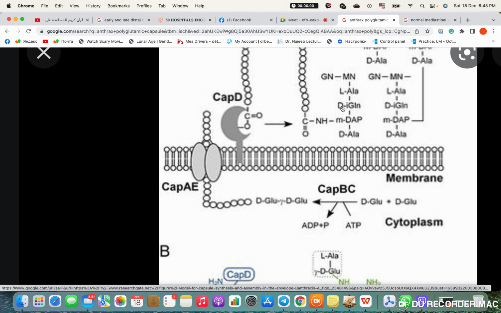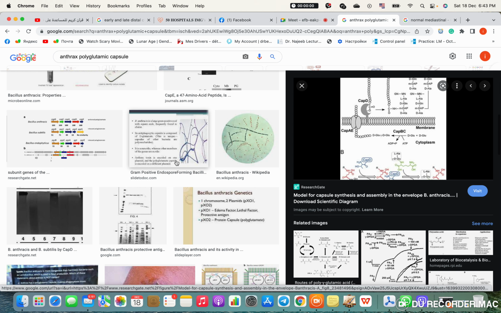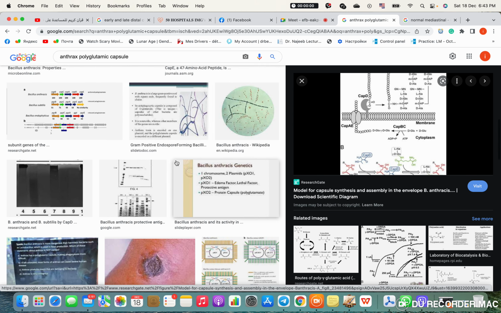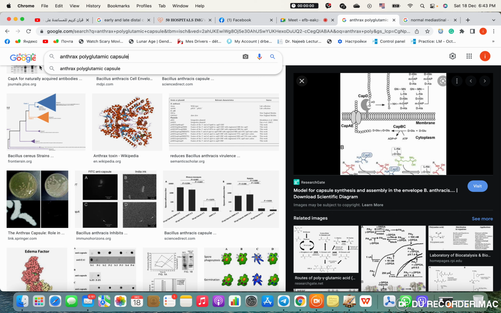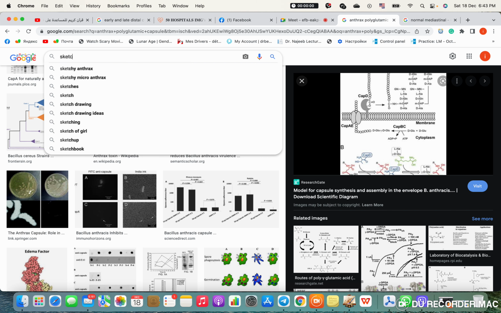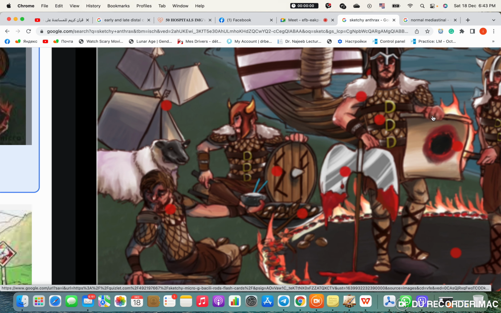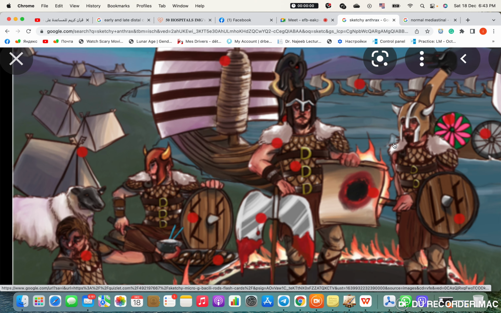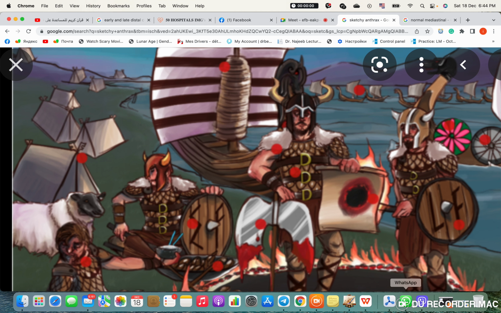So you can see D-glutamate. You don't need to know exactly what it means. It's just a chemical structure. That's it. So if we watch the Sketchy, they made it in a really good way, actually. So if you remember D, poly D. So that was the anthrax.